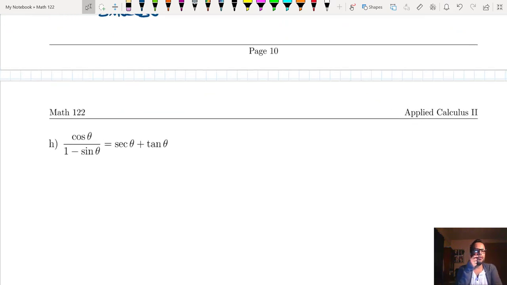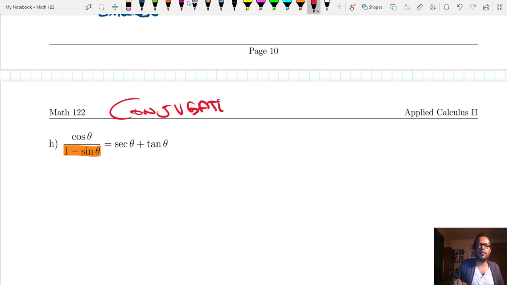All right, cosine theta divided by 1 minus sine theta equals secant plus tangent. Again, when you have only one term and you have a 1 minus sine to the first power, or cosine to the first power, the conjugate will come into play here.